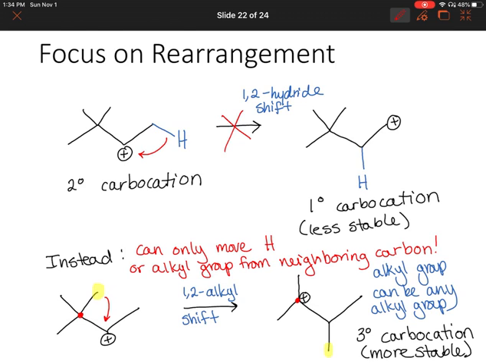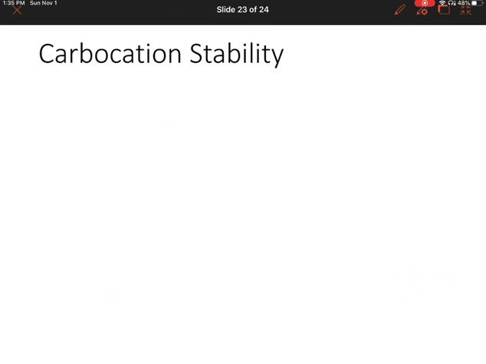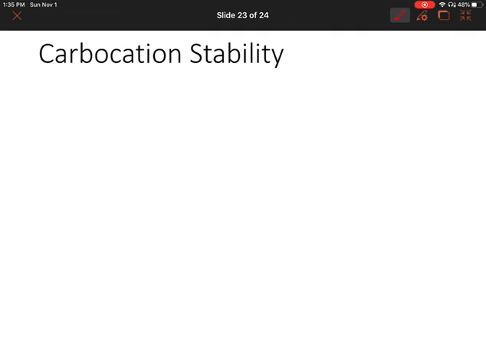All right, so now that we know a little bit more about rearrangement, let's talk about carbocation stability because you might be wondering why is a tertiary carbocation more stable? So again, in general, a tertiary carbocation is more stable than a secondary carbocation, which is more stable than a primary carbocation, and that will be more stable than a methyl cation.